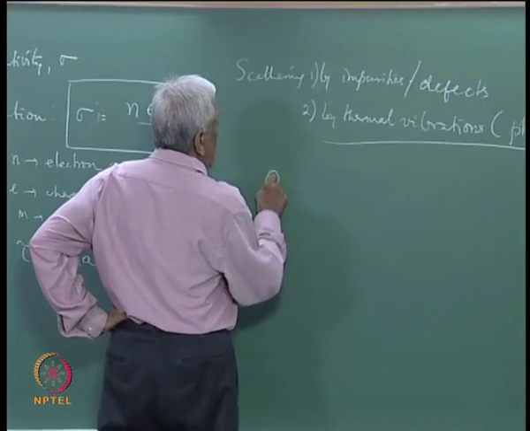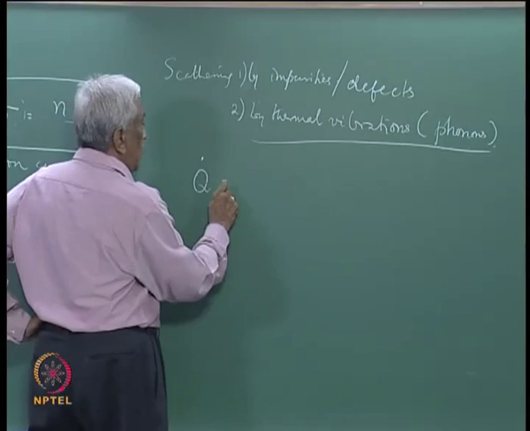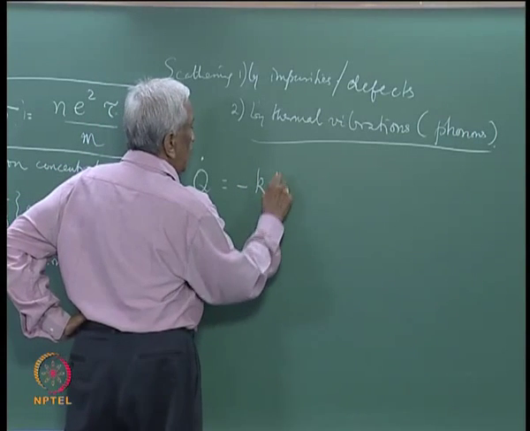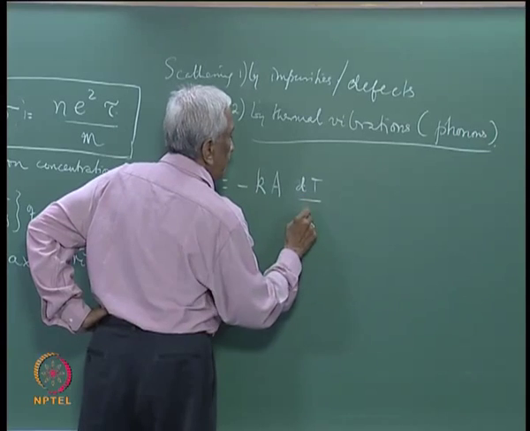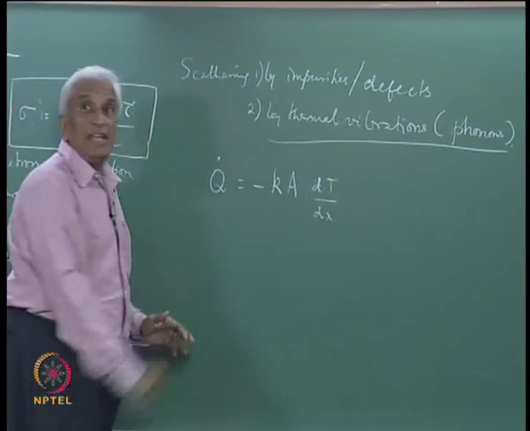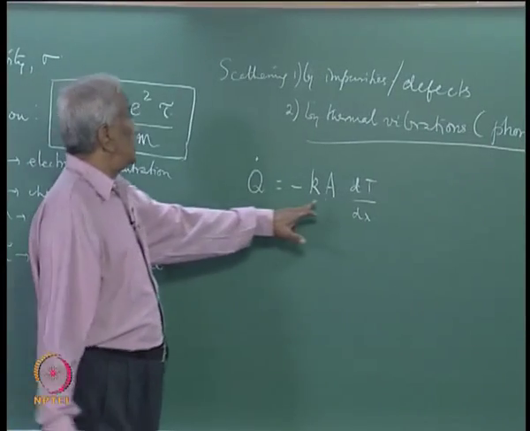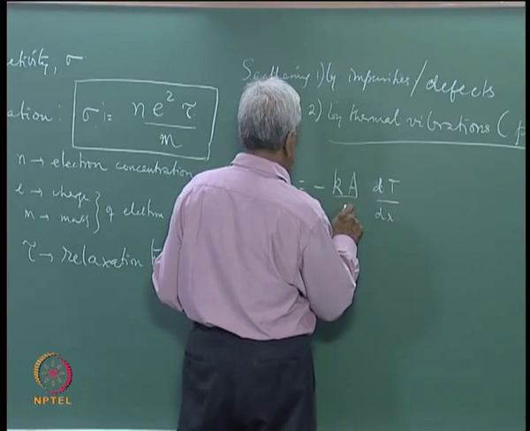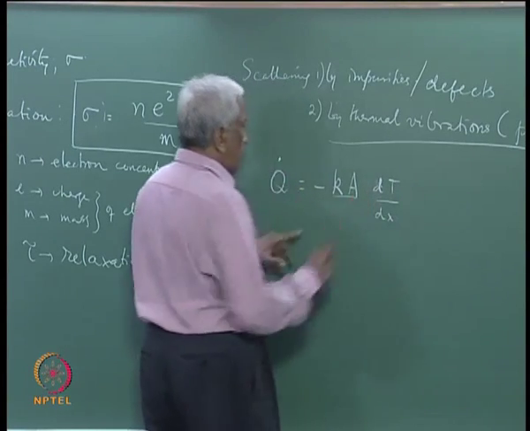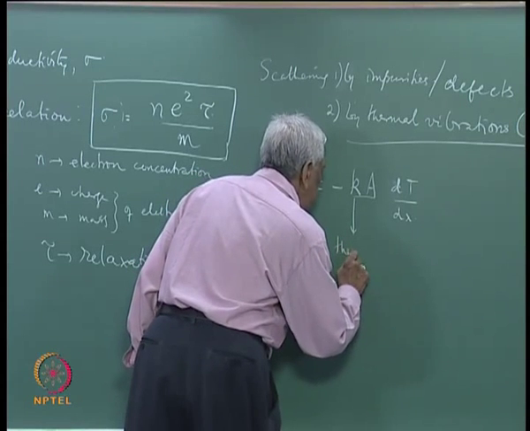It is given by the standard Fourier equation for steady state heat conduction as minus K A dT by dx, where dT by dx is the temperature gradient, A is the cross section, and K is the thermal conductivity.